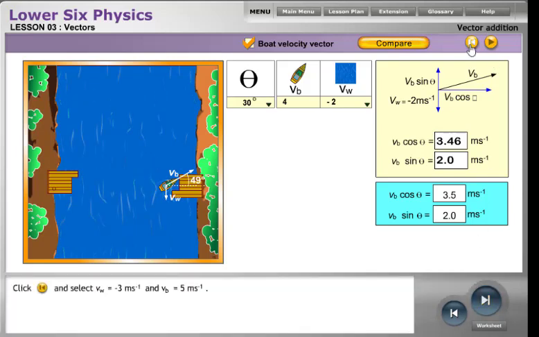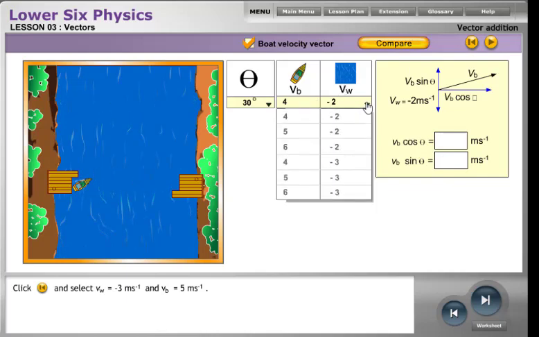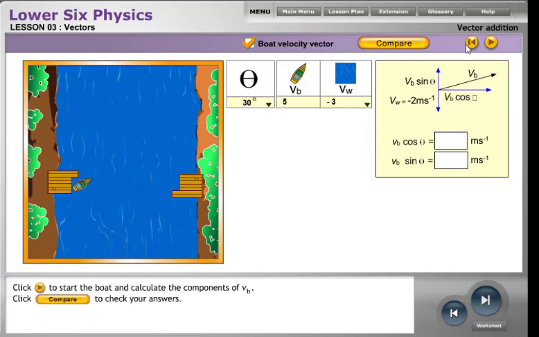Click Reset button and select Vw equals -3 meter per second and Vb equals 5 meter per second. Click Play button to start the boat and calculate the components of Vb. Click Compare button to check your answers.